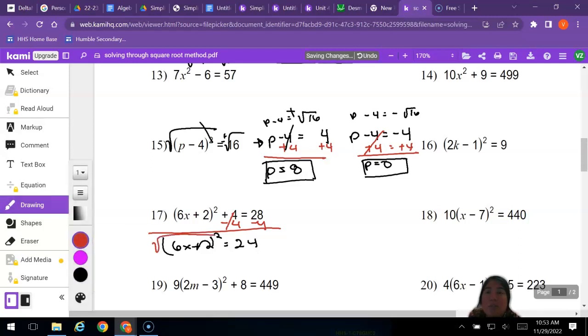Then I get rid of that squared, plus or minus square root. And now I have 6x plus 2 equals positive square root of 24. And then 6x plus 2 equals negative square root of 24. But don't worry too much about 17 and 19. I'm just showing you how to set it up. So don't worry too much about these.